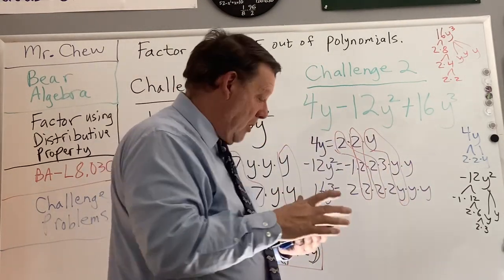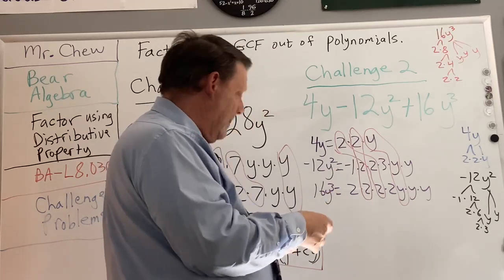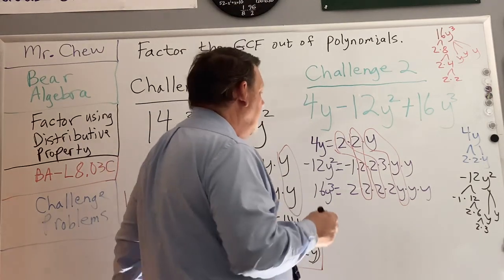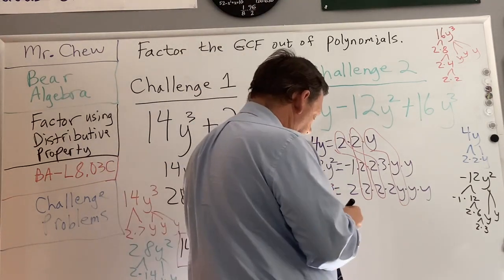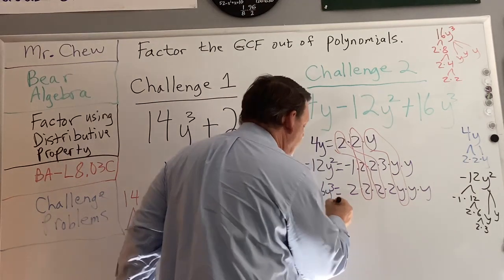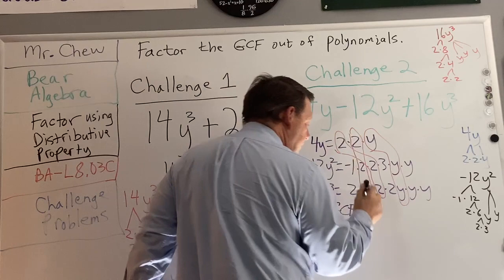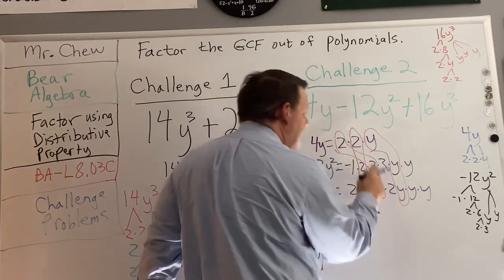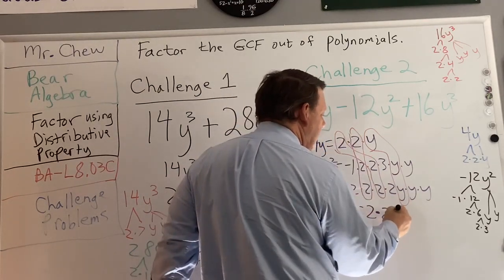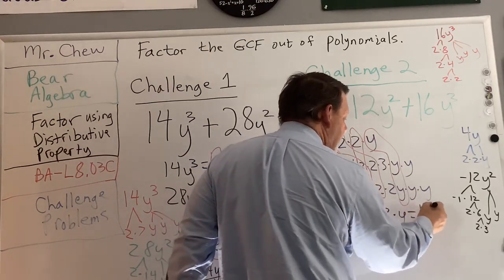All right, so to find your GCF, remember what you do. You take the circled 2 times the other circled 2 times the circled y. 2 times 2 is 4 times y is 4y.